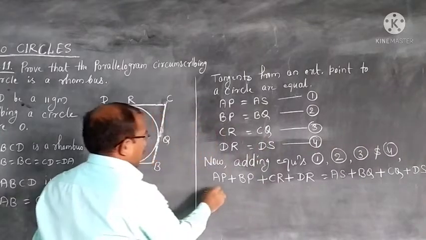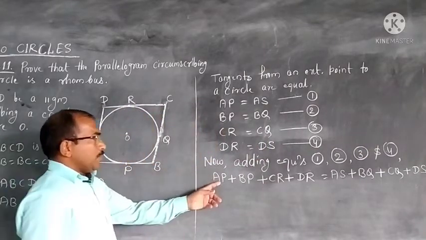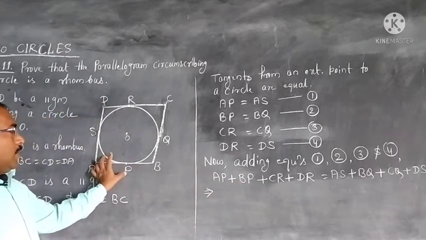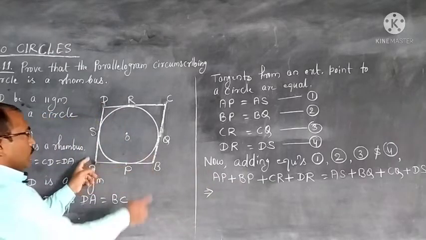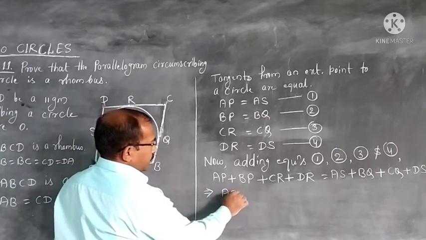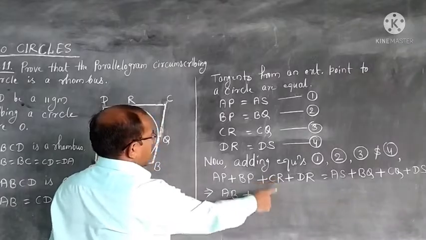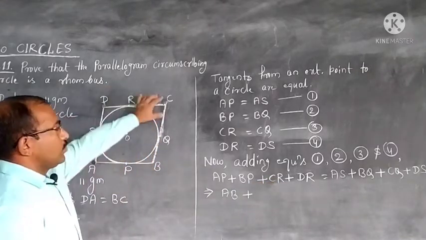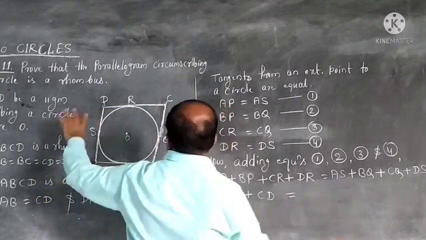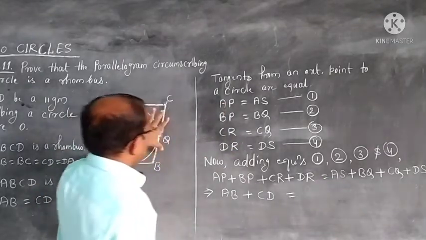Now, we will refer to the figure also. AP plus BP is equal to AB. CR plus DR is equal to CD. AS plus BQ, here it is.